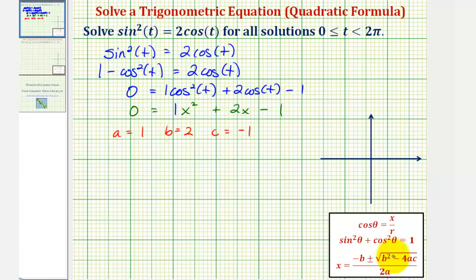But now when applying the quadratic formula, instead of having x equals, we'll have cosine t equals negative b, that'd be negative 2, plus or minus the square root of b squared, that would be 2 squared, minus 4 times a, which is 1, times c, which is negative 1, all divided by 2 times a, or 2 times 1.